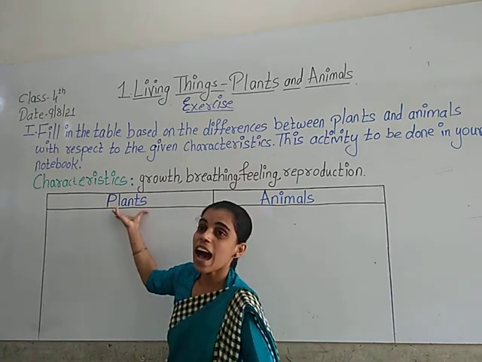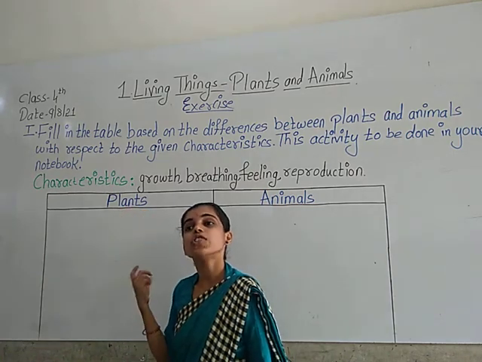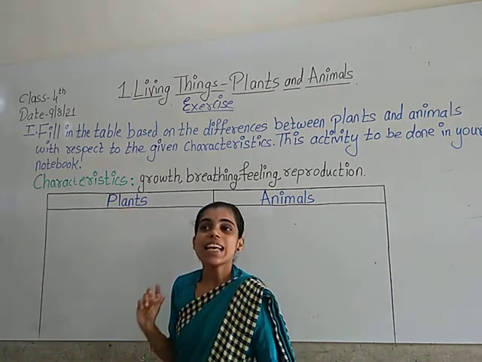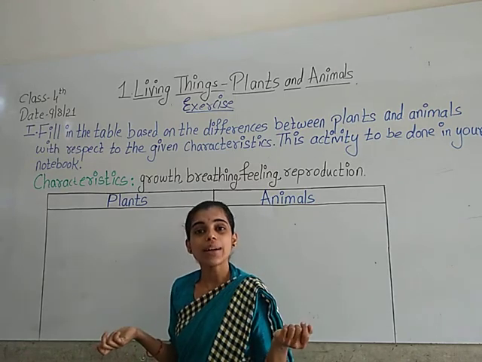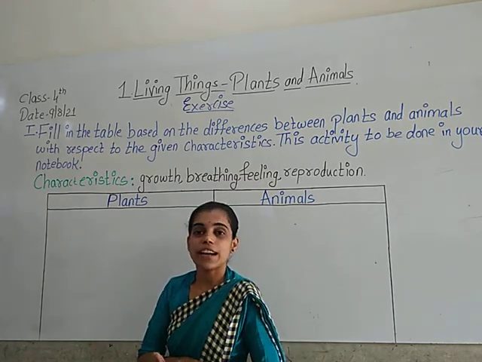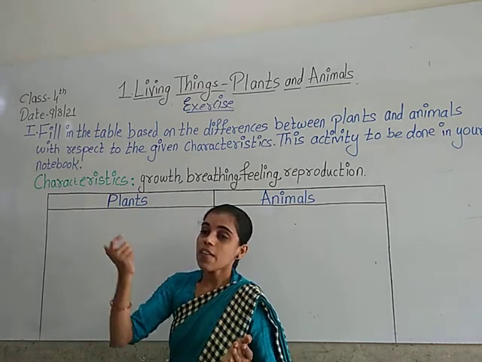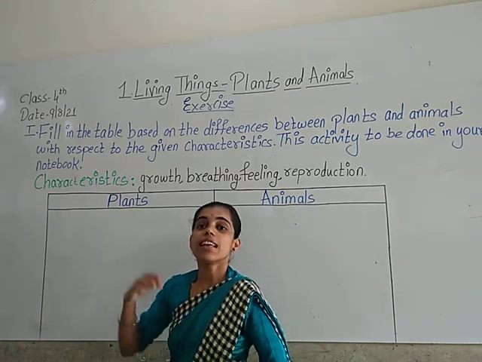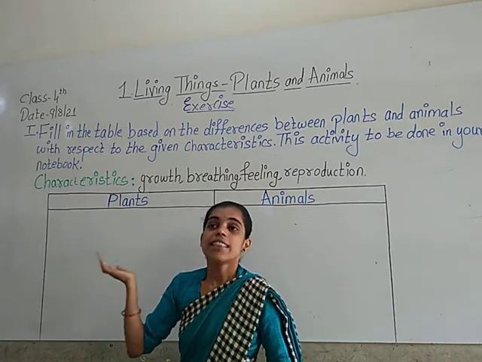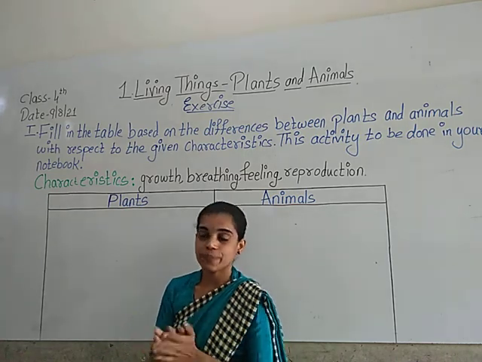So, plants are living things which cannot move, but there is some small movement. For example, the sunflower plant. It turns its face wherever the sunlight falls. When the sun is on the east side, then it turns its face towards the east direction.